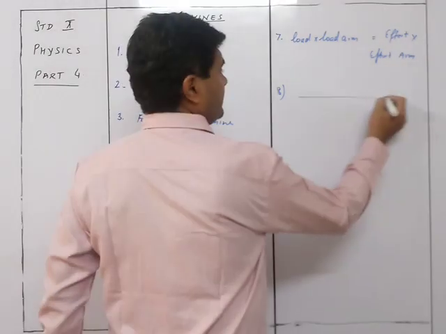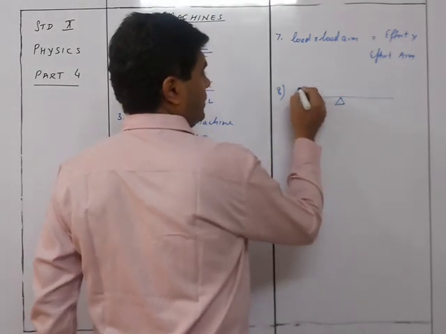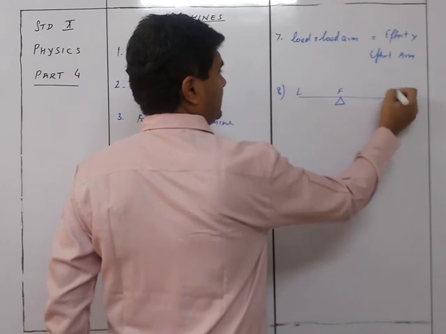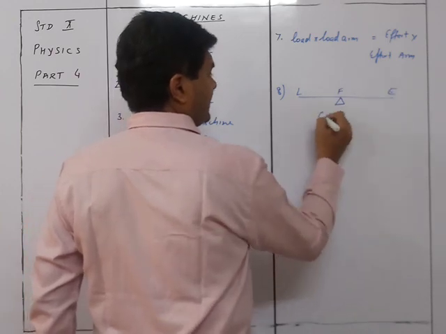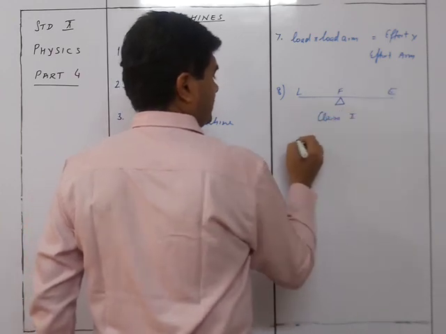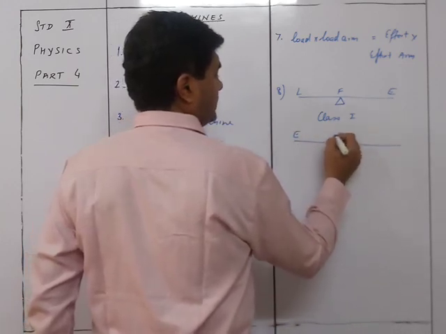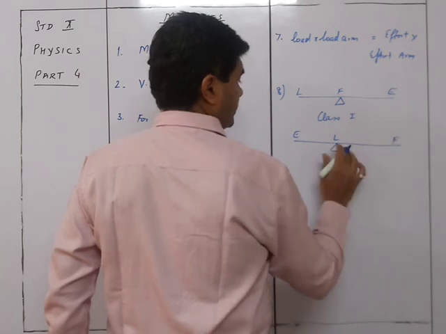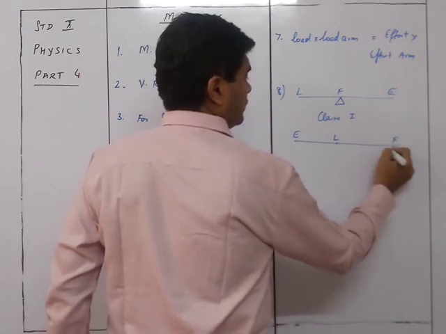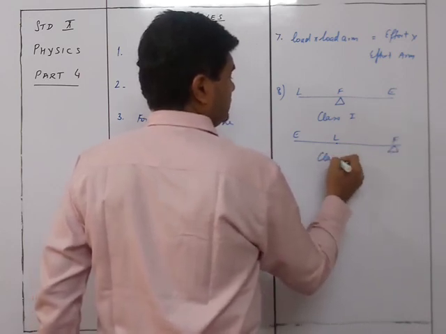You can have the schematic diagram like here. One will be load, fulcrum, effort. This is class 1. The class 2 will be effort, load, fulcrum. This is class 2 lever.